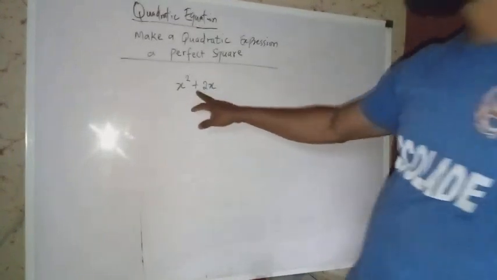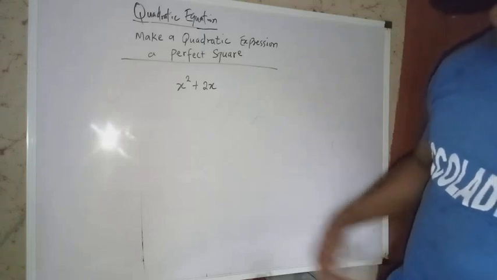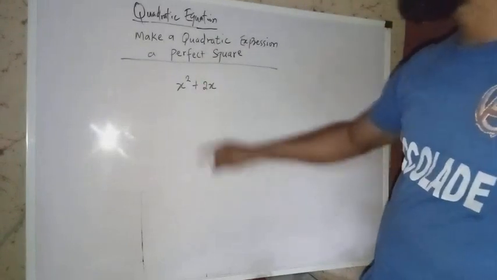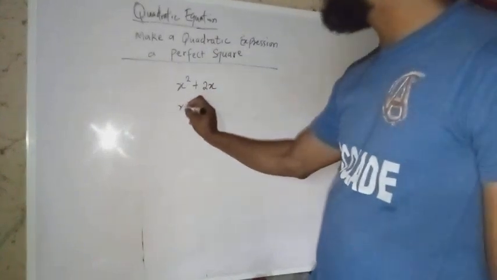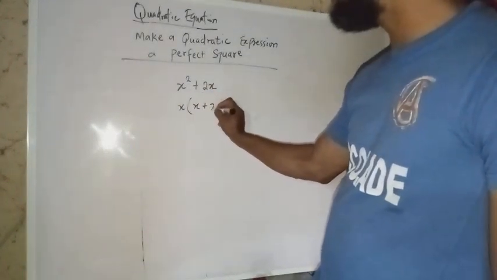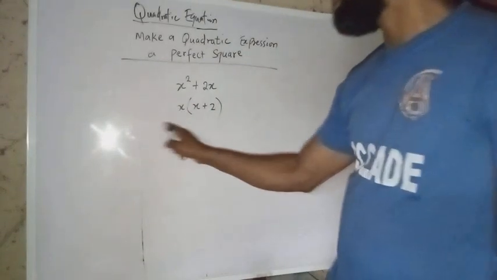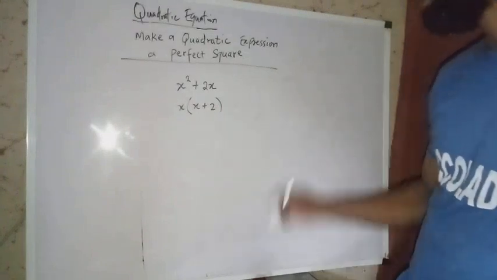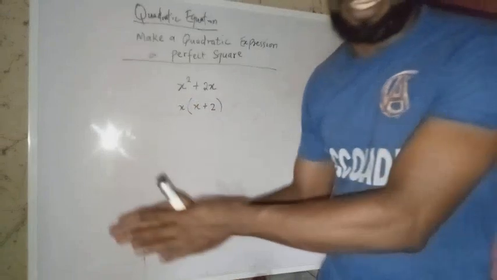So if I have x squared plus 2x, it is not a perfect square, because if I factorize it, I'm going to have x into x plus 2. So the factors are not the same. One factor is x and the other factor is x plus 2, unlike in the previous example where the two factors were x plus 2 and x plus 2.